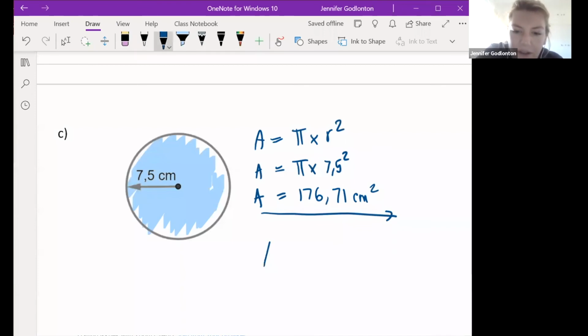So the answer was 176,7145, and because that was a 4, that one stayed the same. You're saying, if that 4 was a 5, when rounding off, the 1 would turn into a 2, 176,72. 100%. You have understood rounding off perfectly. That is absolutely right. If that 4 had been a 5, that would turn into a 2. Yeah. Nice.